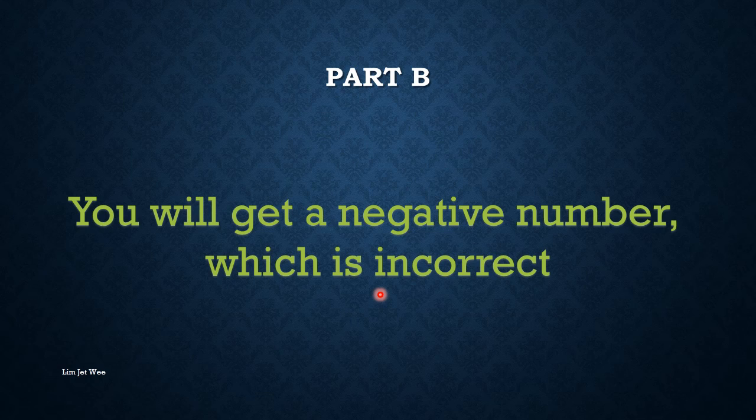When you take a small number and subtract a large number, you will get a negative number, and you did not travel a negative distance. So part B just indicates that this doesn't work. It's incorrect.